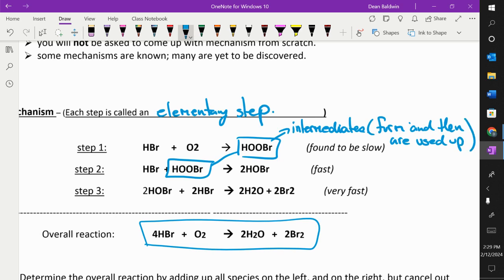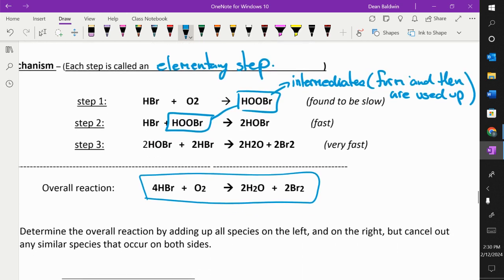They are not seen in the final reaction. They're just part of the steps that happen. So the first step here is the slowest step. The slowest step in the reaction is called the rate determining step.